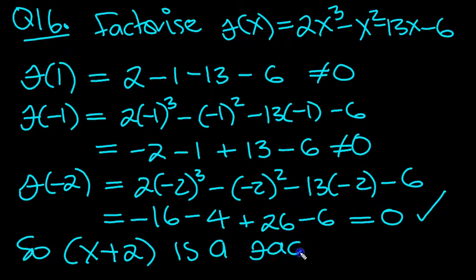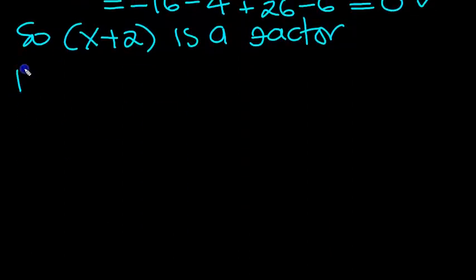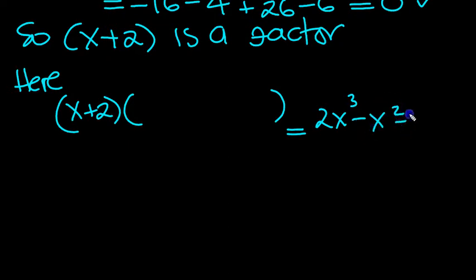Now let's try and work out the other factors then. We can try and do that by inspection. So here, x plus 2 times something will equal that cubic, 2x cubed minus x squared minus 13x minus 6.